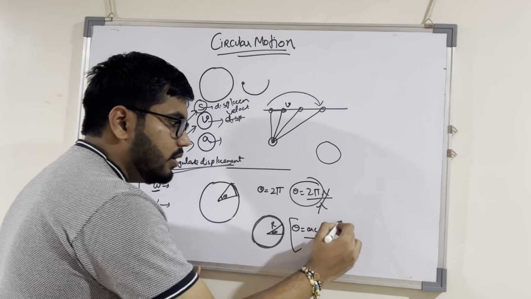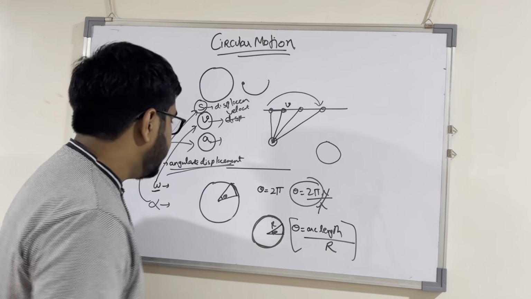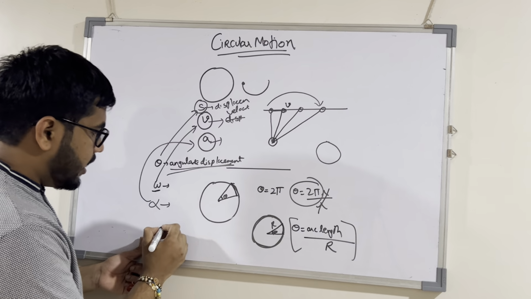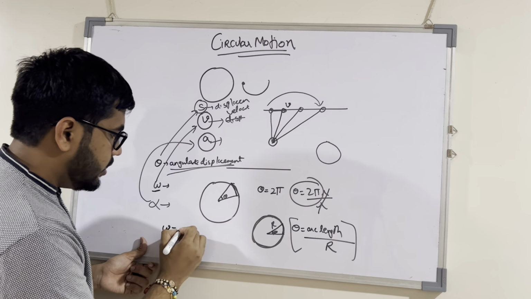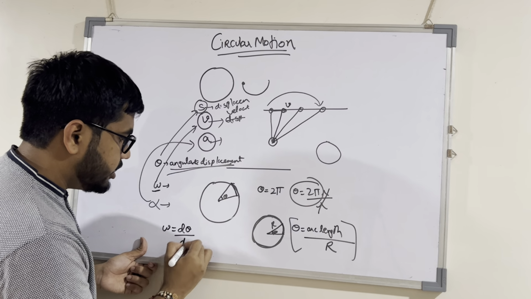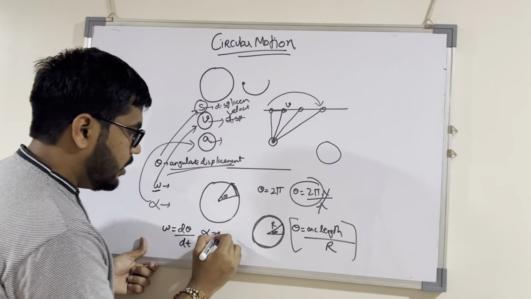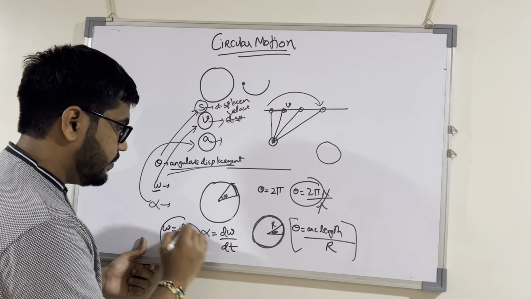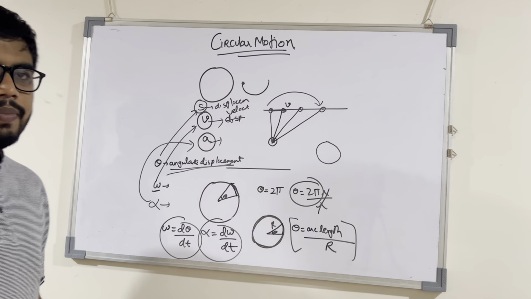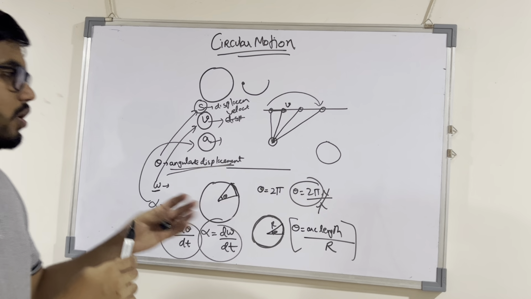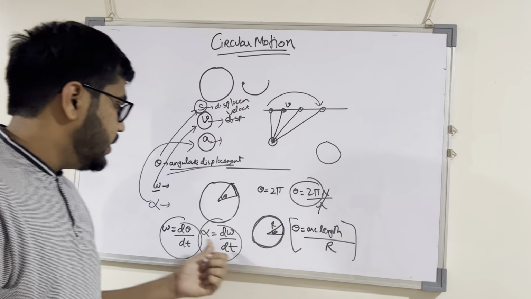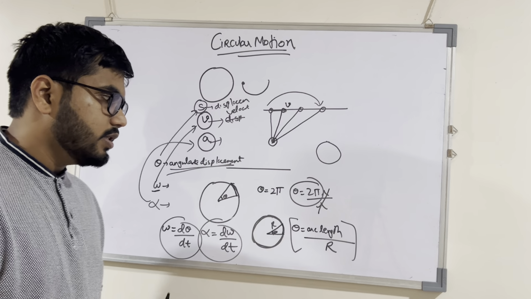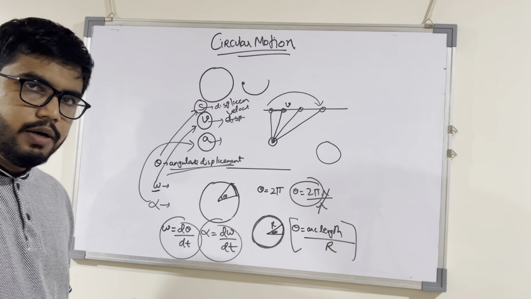So for theta, angular displacement is arc length by r. What is omega? Omega is change in angular displacement by change in time. What is alpha? Alpha is change in angular velocity by change in time. This is simple. So we have understood the terminology of angular displacement, angular velocity, angular acceleration, right?